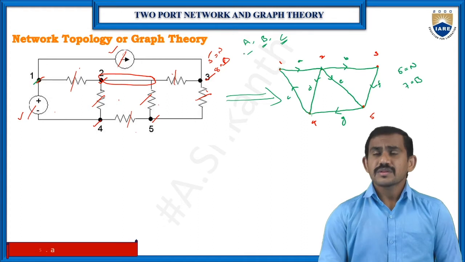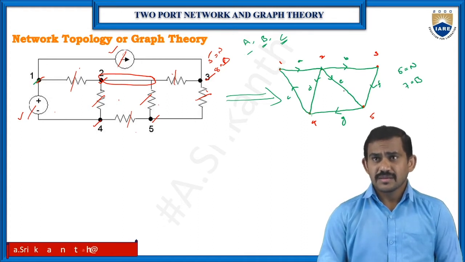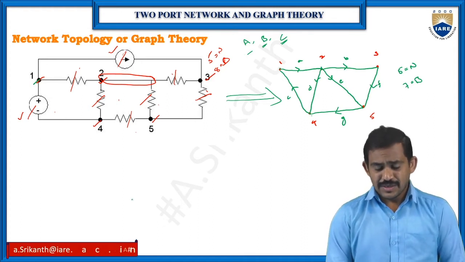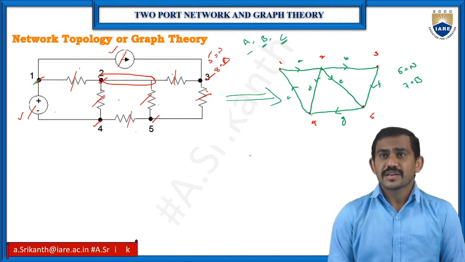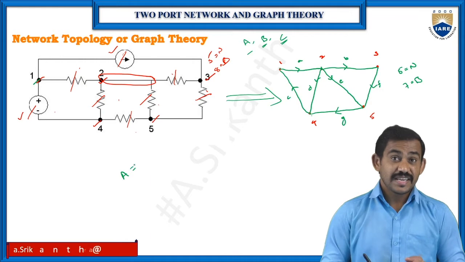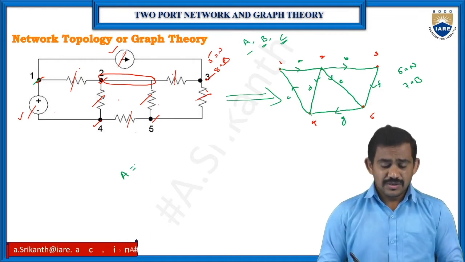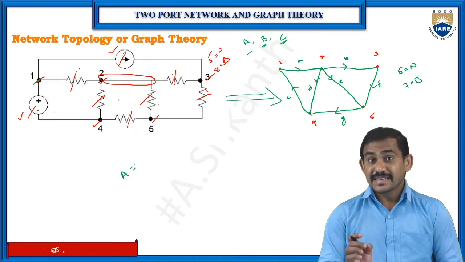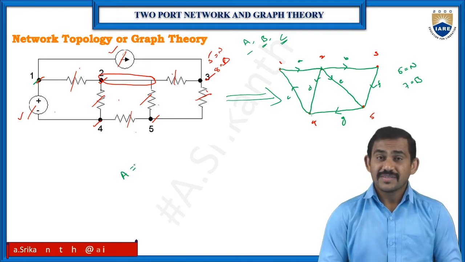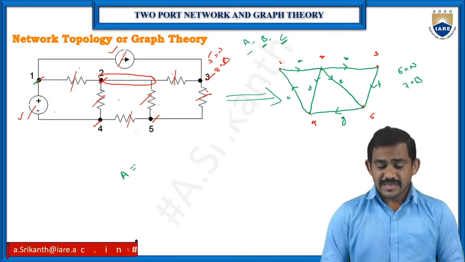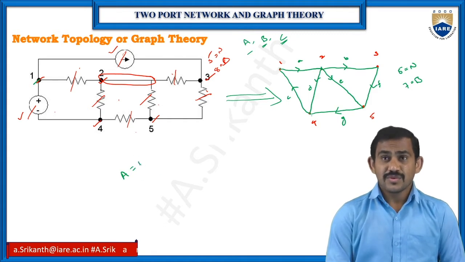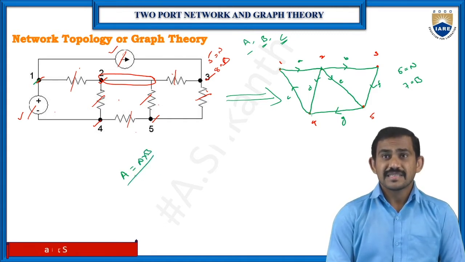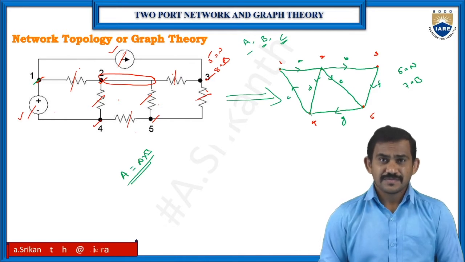For the A matrix, there is no need to worry about the original graph, that means tree and co-tree. If you know the directed graph of the circuit, that is enough for your A matrix. For the A matrix, we have the number of nodes times the number of branches. This is your A matrix.